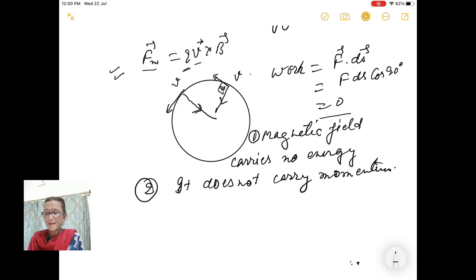It can only change the direction of momentum. As the direction of velocity is changed, the direction of momentum is changed.